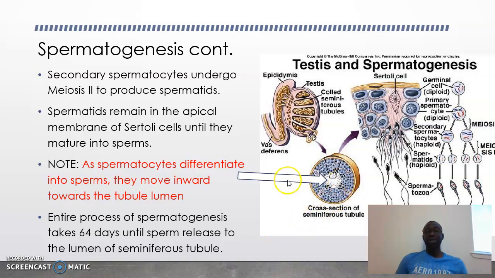Anatomy-wise, spermatogenesis takes place at a temperature kind of outside the body temperature, which is why the testis hangs outside the body. The optimum temperature for sperm generation is slightly lower than that of the body.